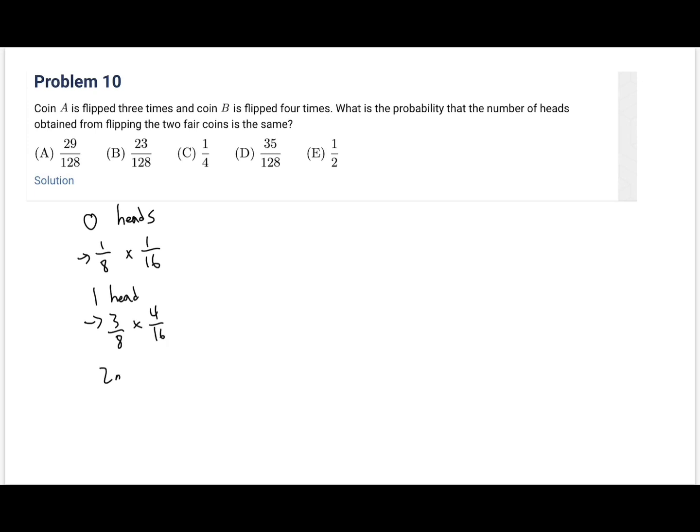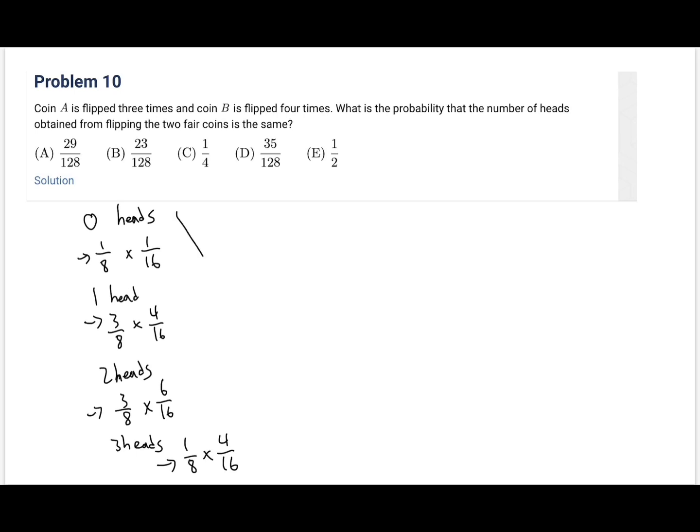And then two heads, this would be a 3 over 8 chance also, multiplied by a 6 over 16 chance, and then 3 heads would be 1 over 8 multiplied by 4 over 16 chance.